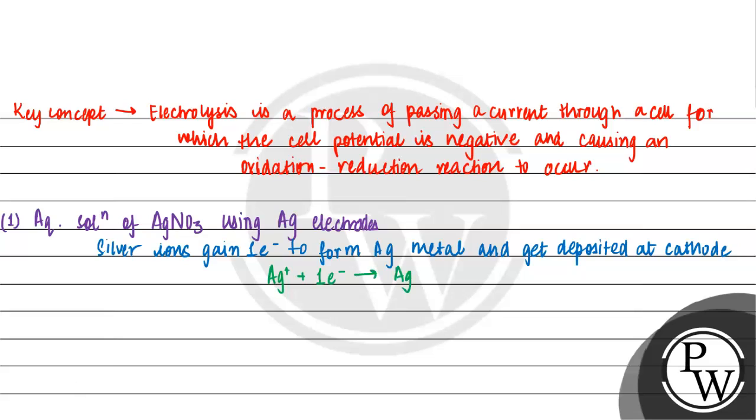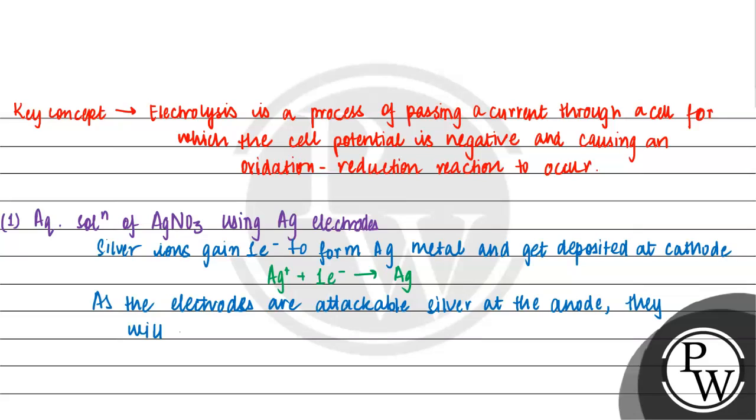And if we talk about the other reaction which takes place, as the electrodes are attackable, silver at the anode will dissolve to form Ag plus ions.